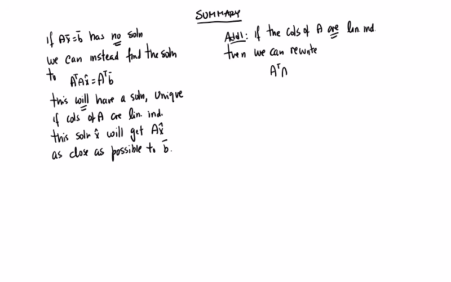We can go even further. We can rewrite this as x hat equals, if I multiply both sides by the inverse, to get the solution. And that makes things really, really sweet.